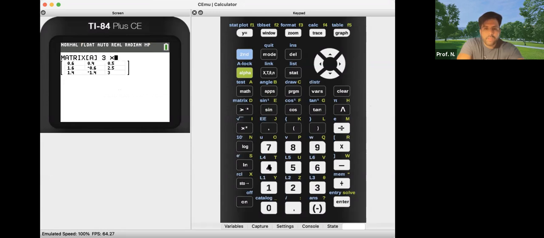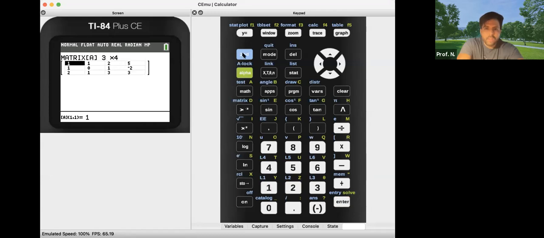Three by 4. So we got 1, 1, 2, 5, 1, 0, 1, negative 2, 2, 1, 3, 3.